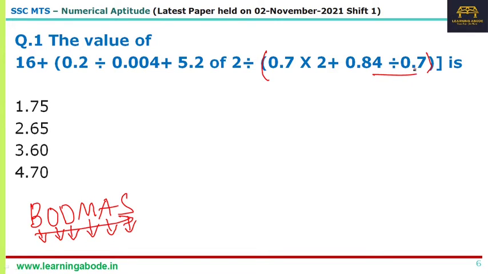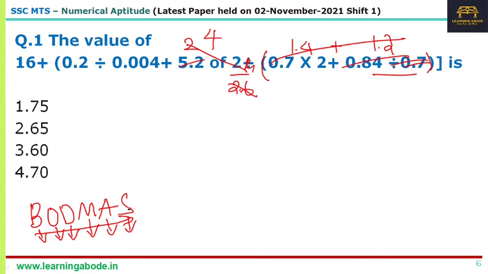So 0.84 divided by 0.7 is 1.2, and then 0.7 into 2 is 1.4. So 1.4 plus 1.2 is 2.6. So this whole thing is now 2.6. Just write 2 by 2.6. Now 5.2 of 2 by 2.6, so 5.2 is twice 2.6, so 2 of 2, and this 2 of 2 is 4.